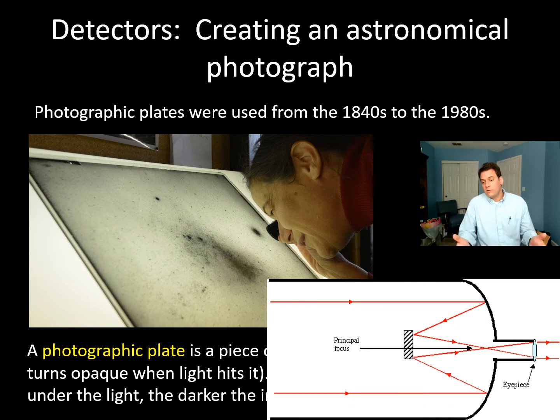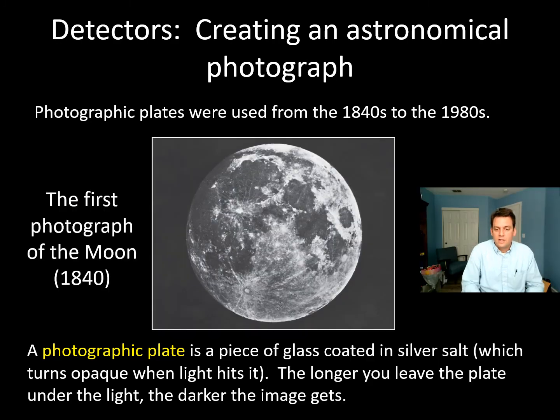And so we already talked about how we build the telescope. Now, instead of just putting your eye in the eyepiece, you take out the eyepiece and you put in a photographic plate, and you get an image on the photographic plate that's exactly a representation of what you would have seen. Here is, for example, the first photograph of the moon, taken in 1840.